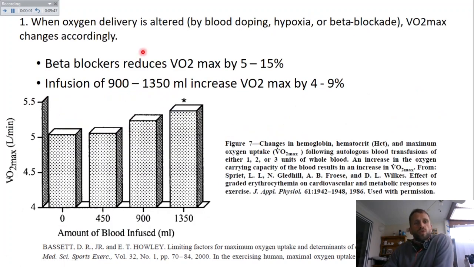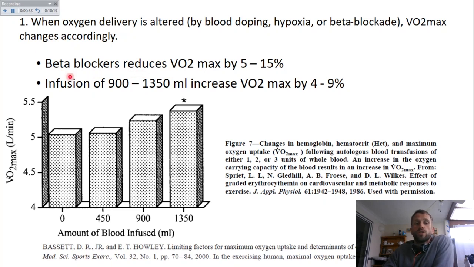So the first one: when oxygen delivery is altered, VO2 max changes accordingly. The examples it gives are from primary research articles, but the first one is that if we give people a beta blocker, which is essentially a drug that slows your heart rate down, you can imagine that's likely to reduce their maximum cardiac output, so the ability of the heart to pump blood around the body.